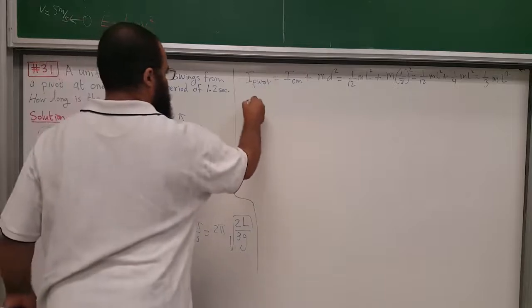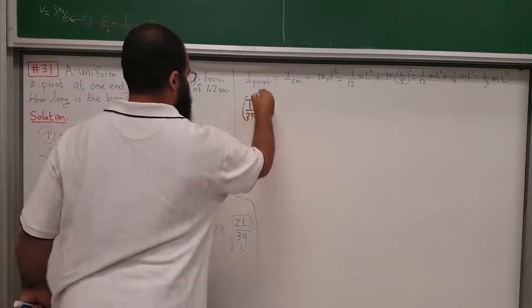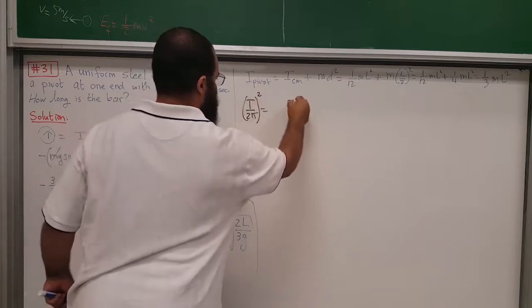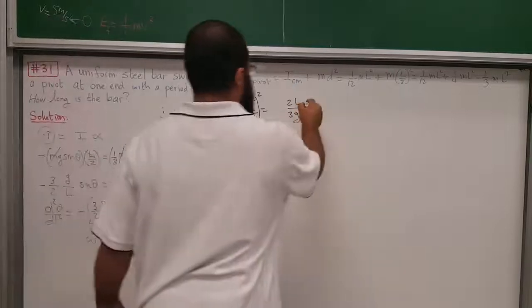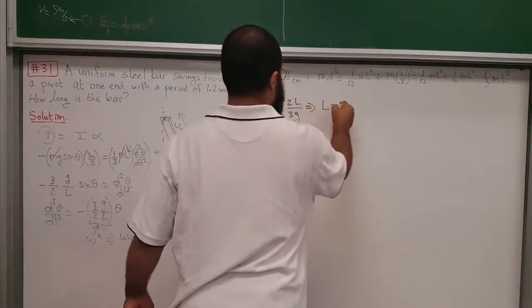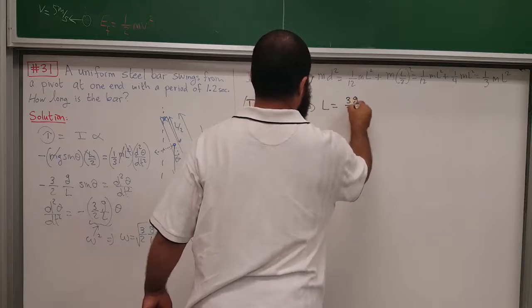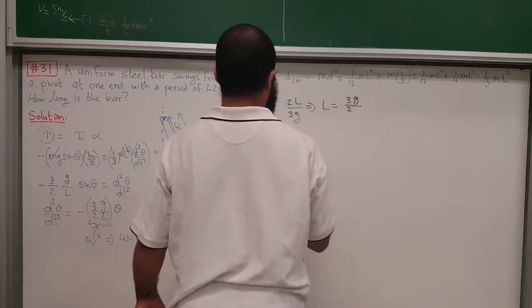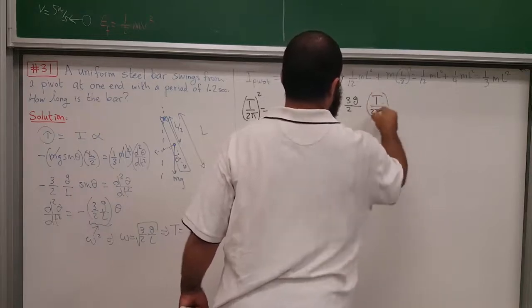So I get the period over 2 pi, and we square it. That gives you 2L over 3g. So L will equal 3g over 2, times T over 2 pi, the whole thing squared.